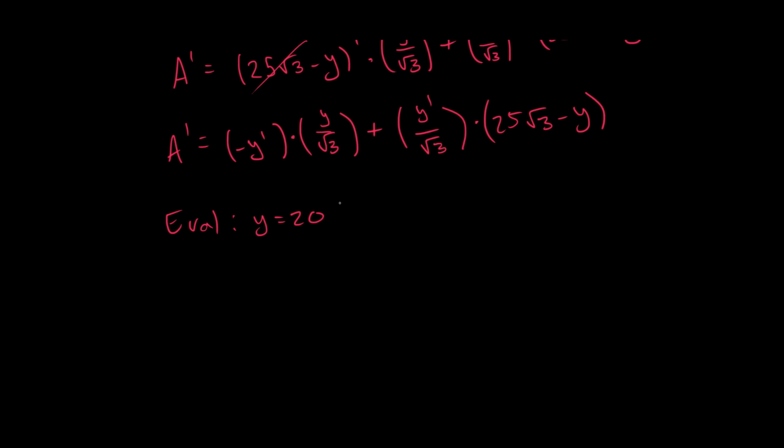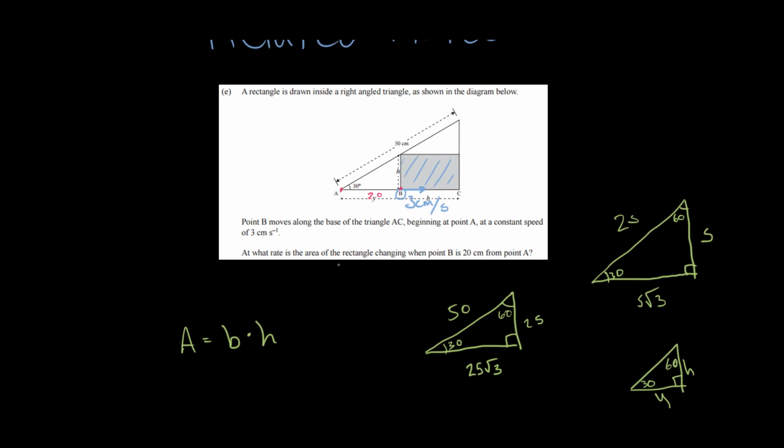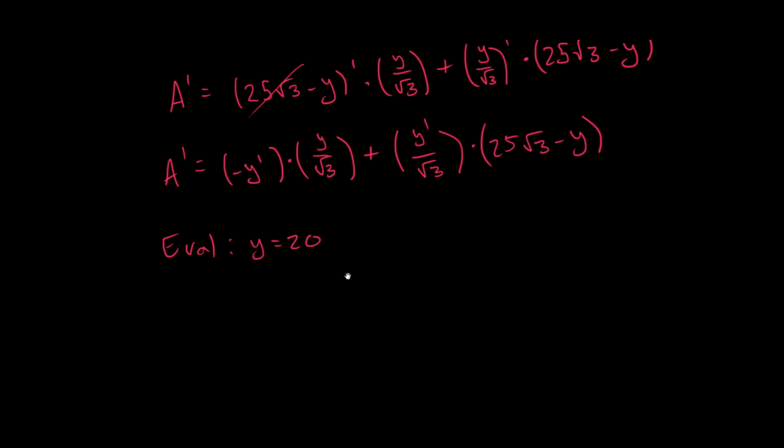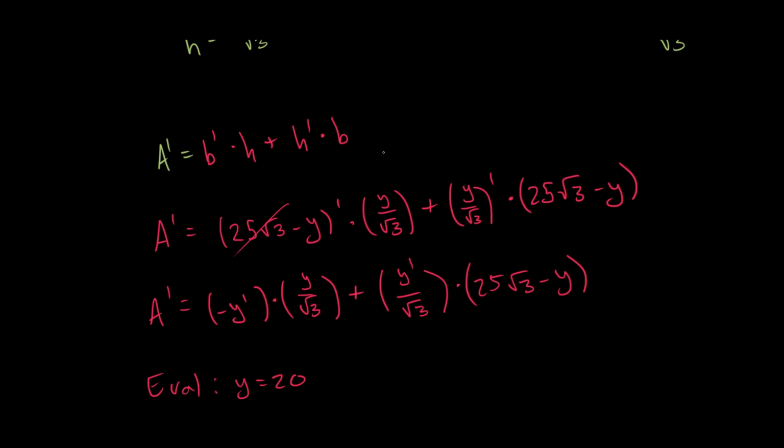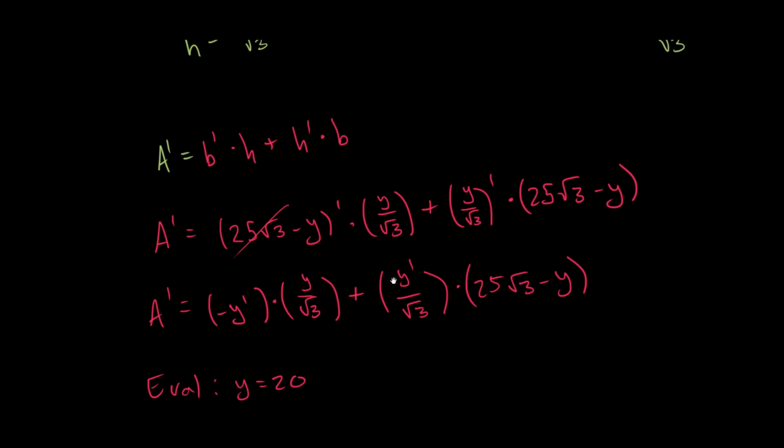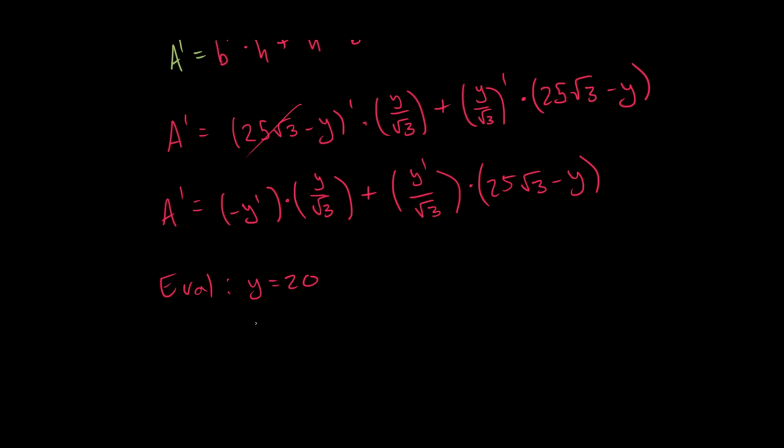But we have to find out what Y prime is when Y equals 20. So how is Y changing? Well, it says the distance from A to B is changing at a constant speed of 3 centimeters per second, which means that regardless of whether Y is 1 or Y is 100, the change in Y is still equal to 3. So our Y prime is equal to 3.